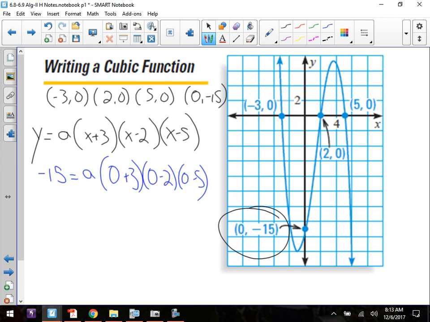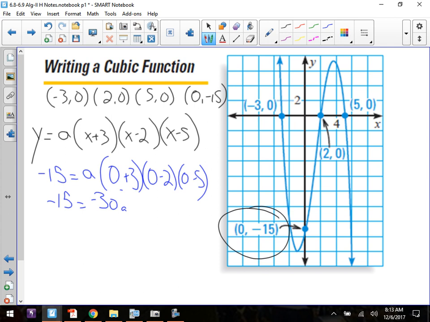So basically what happens here, we're going to take 0 plus 3, 0 minus 2, 0 minus 5. So that means I have to multiply 3 times -2 times -5. So you get -15 equals -30 times a.